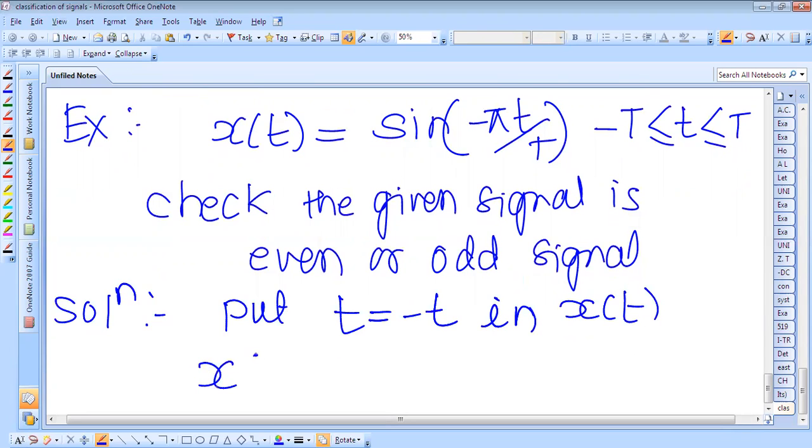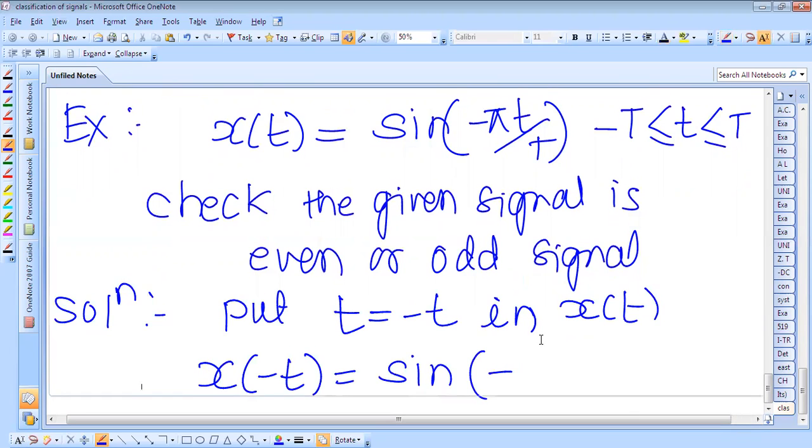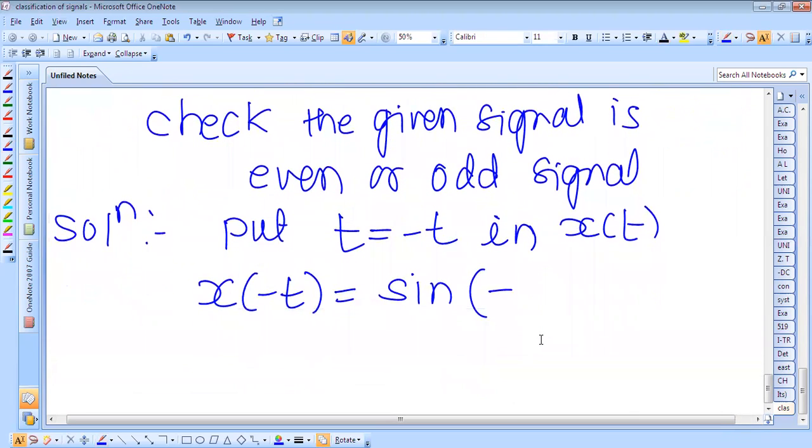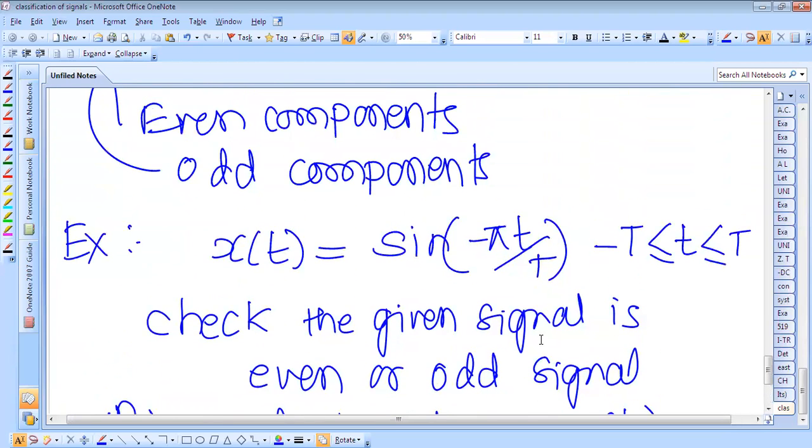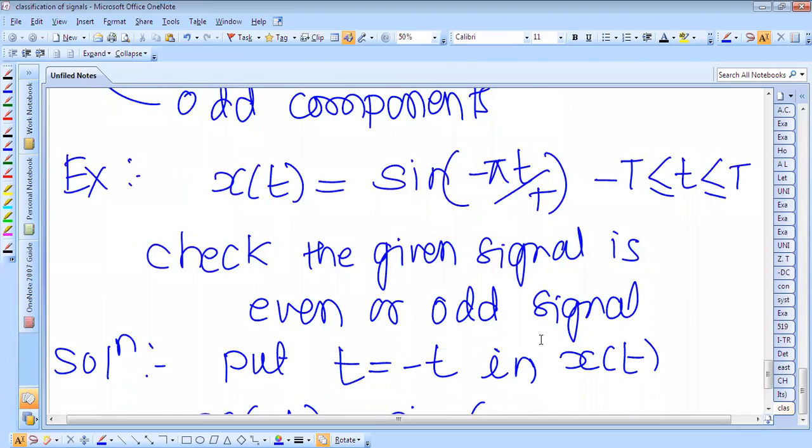Okay, so x of minus t is equal to sine of... the function given is like the sine of pi t by t.